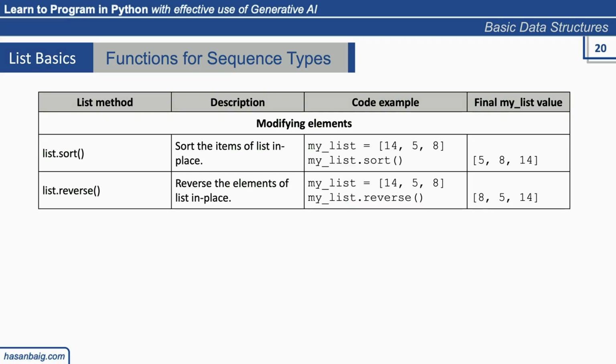I just had a question about the sort and reverse. I'm assuming you can only use that on numbered lists, because how would that work if you had a list of strings, alphabets? Yeah, so in computers, everything is represented in the form of numbers. Even when you type A, it has a numerical value assigned to it, which is a standard we call ASCII code, American Standard Code for Information Interchange, something like that.